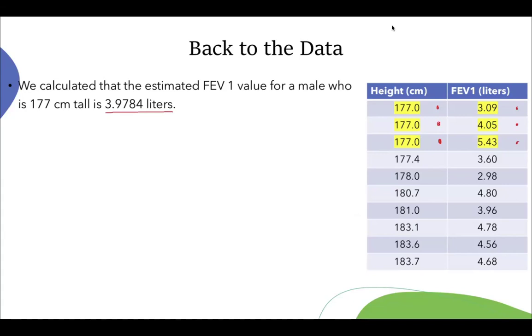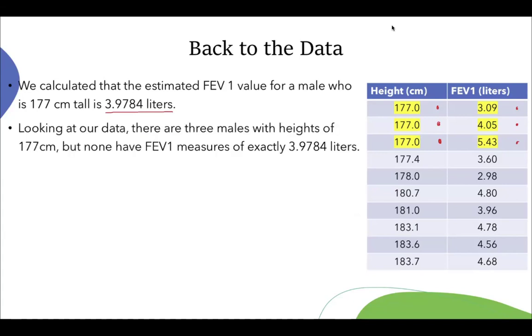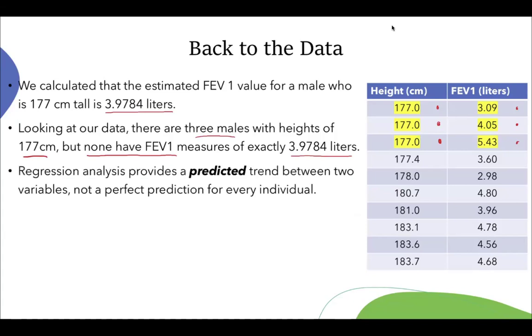So this is something that happens with linear regression. None of them have FEV1s exactly like the one we got, 3.9784.